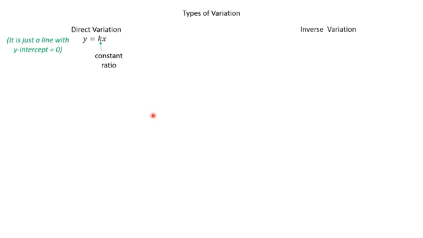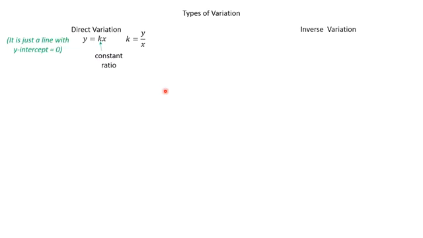But we call it the constant ratio because for this problem it'll always be the same. If we divide by x, we get k equals y over x. And so if y divided by x is always going to be the same thing, it's a direct variation problem. This does not happen if it's a line that does not go through 0, 0. So that is important.